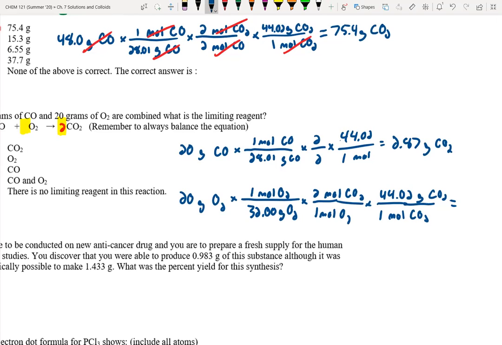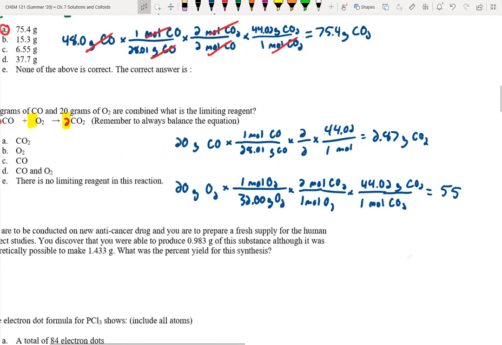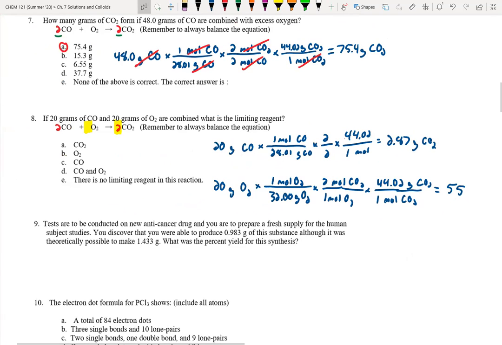So I'll do my math here. And I'm getting 55.025, but I should have just left it at 55. Really, we shouldn't even have that many. I would call it 60, but it seems quite clear that this one produces the least.